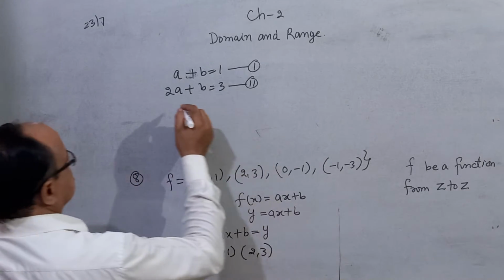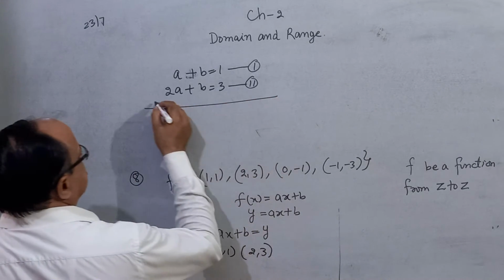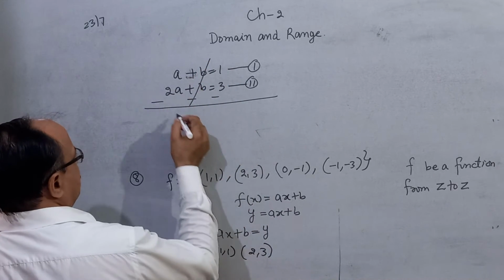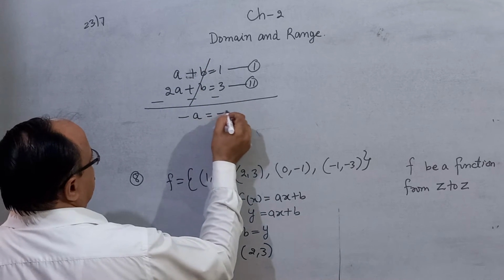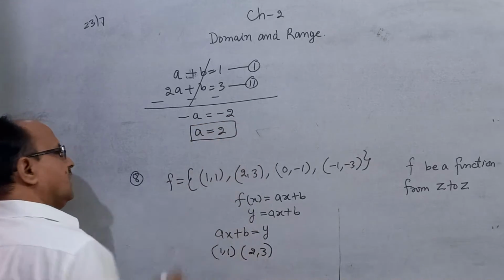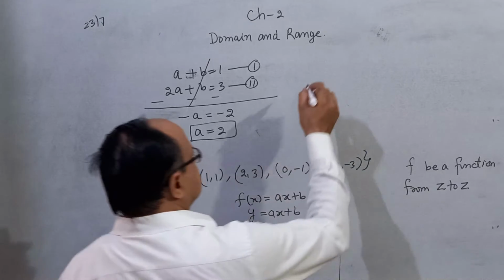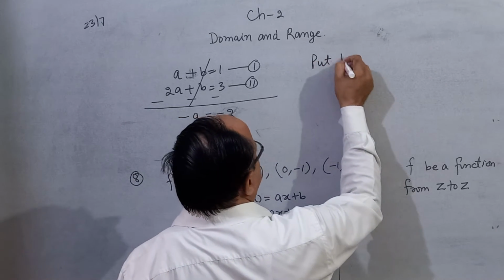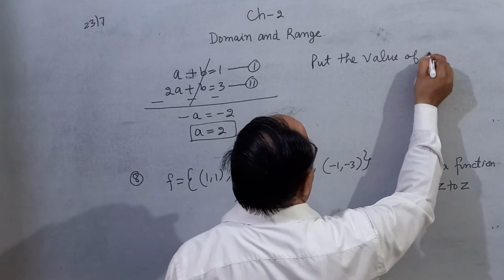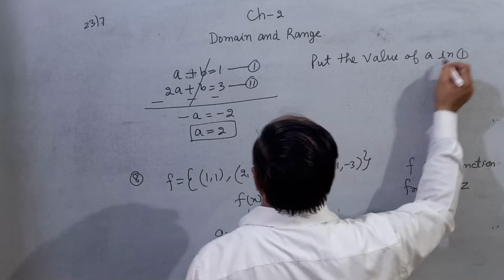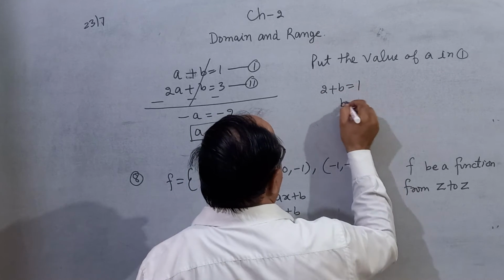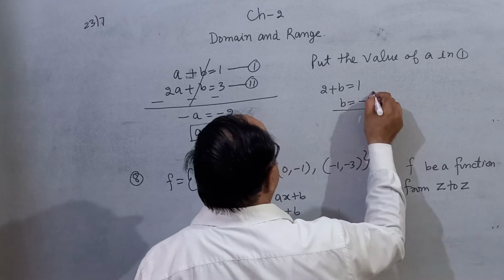Here, you know the elimination method. On subtracting, b will be cancelled. a minus 2a, that is minus a, is equal to minus 2, so a is equal to 2. Now put the value of a in the first equation: 2 plus b is equal to 1, therefore b is equal to minus 1.